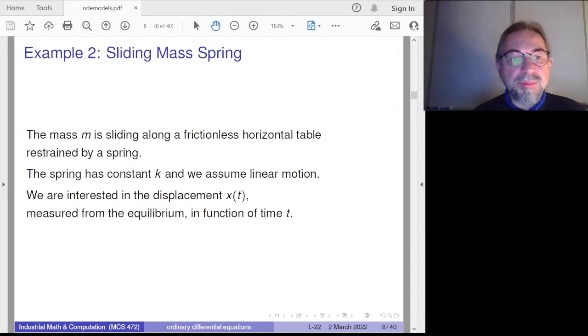The second example considers a sliding mass spring. So we have a mass that slides on a horizontal table, and that mass is restrained by a spring. So we have the force from the mass, and then you have the restoring force.